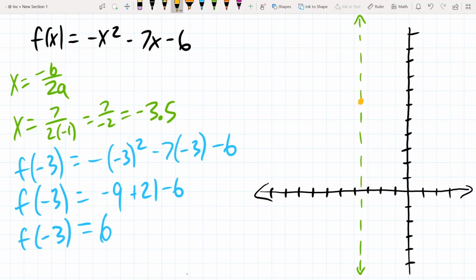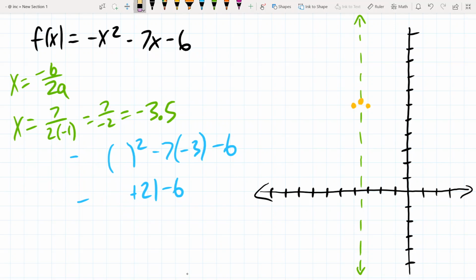That means instead of being at 6.25 like this, the next 2 points just drop down to here and to here at 6. So they didn't move too far. So we're definitely going to need to graph a few more if we want to find our solutions or zeros.